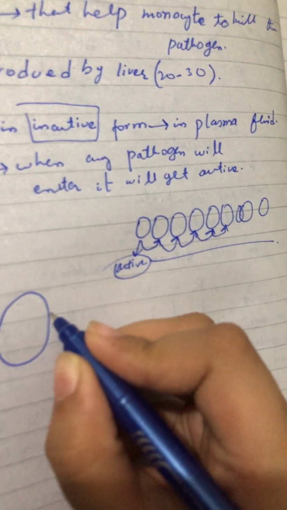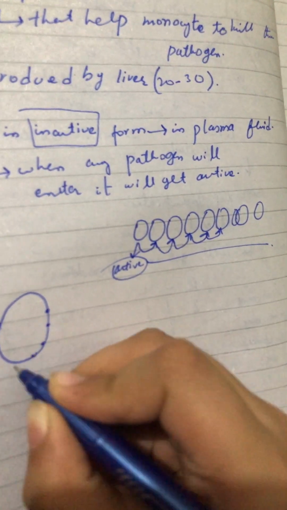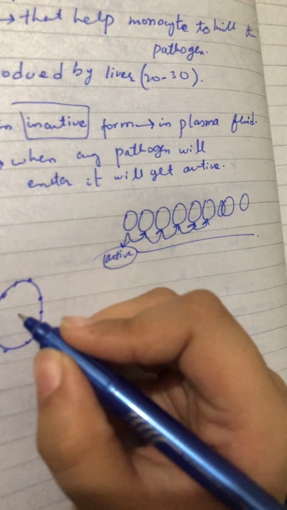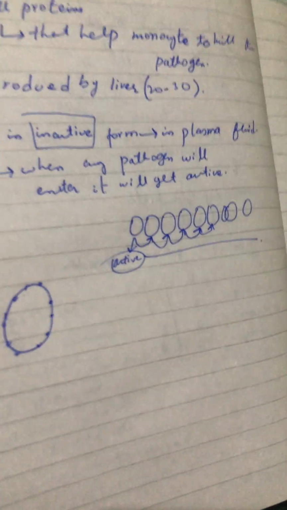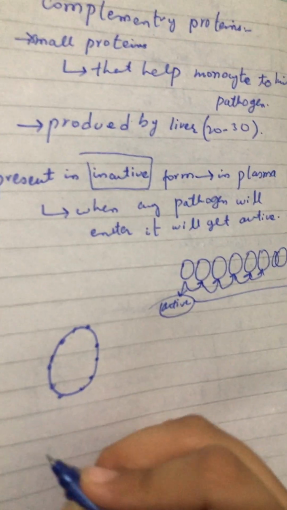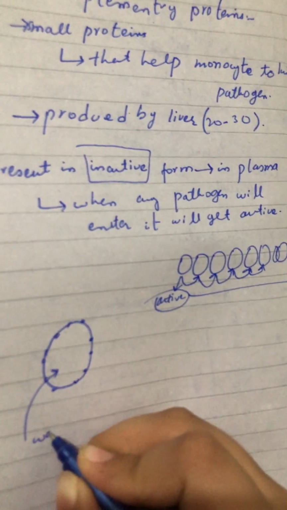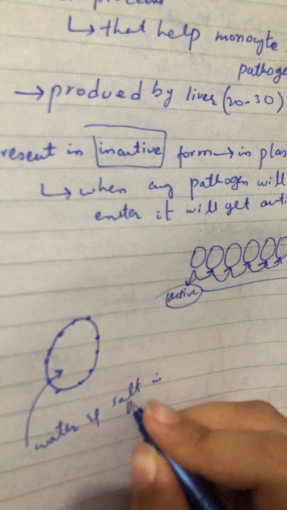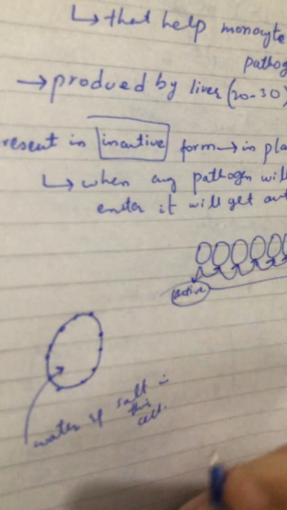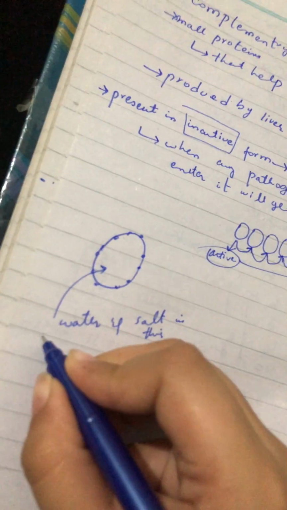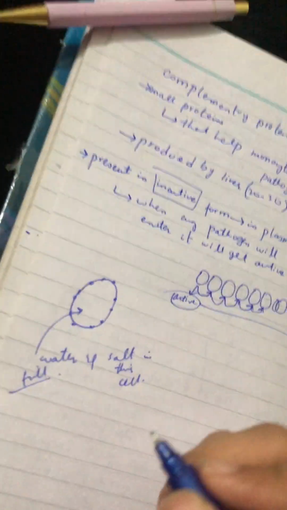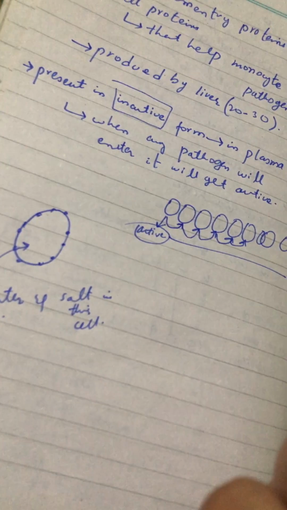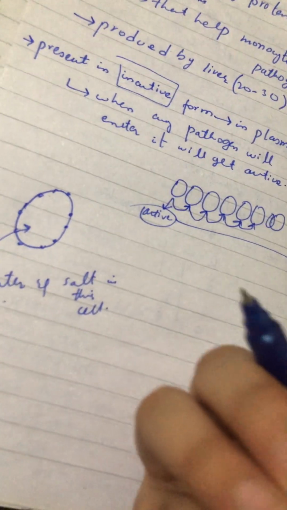Suppose this is the plasma membrane, so it will make holes in it. Then water and salt will fill this cell, so that the osmotic potential will be imbalanced.